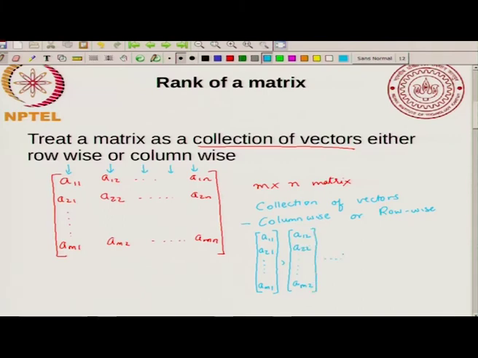So, you can see all the way. So, what I am doing is I am treating this column as a vector, this column as a vector, each of these columns as a vector. Okay. So, all the way up to A1n, A2n, all the way up to AMN. So, if I treat it column wise, I have n vectors, n column vectors.